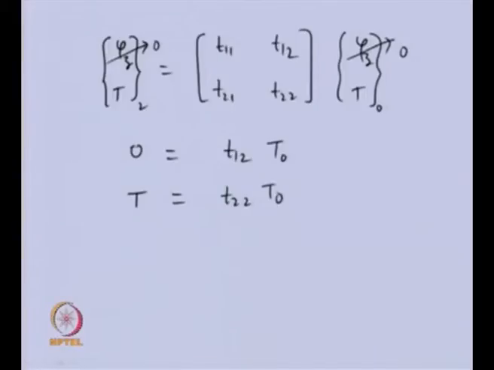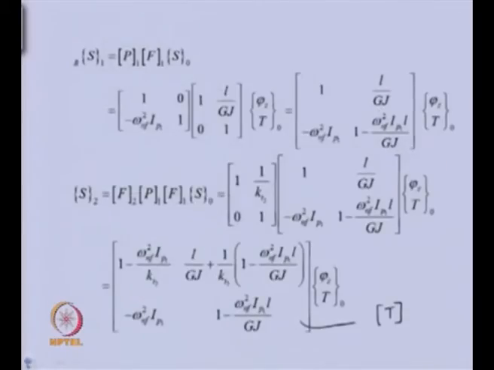You can see that the torque cannot be 0 at a fixed support, so from the first equation we need T12 equal to 0, which is a function of the natural frequency. So this is the frequency equation. T12 is this one, so we need to equate this quantity equal to 0, and that is the frequency equation.